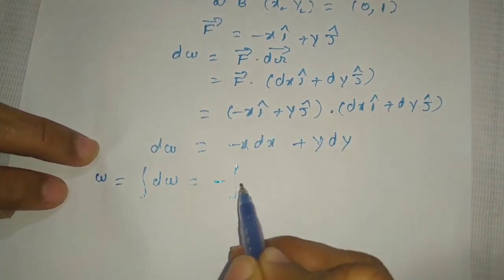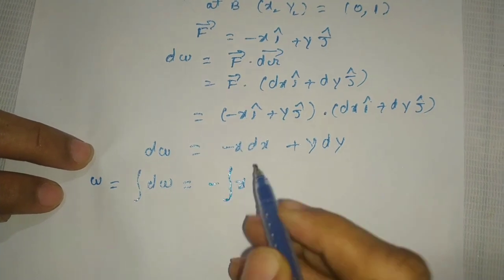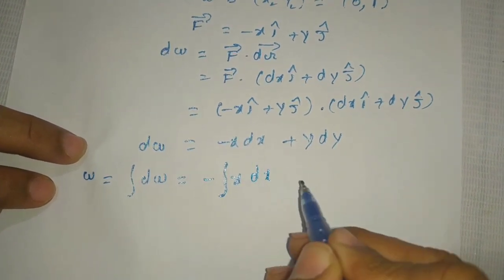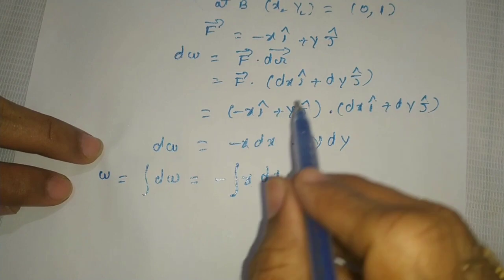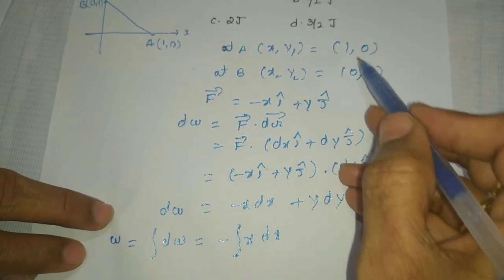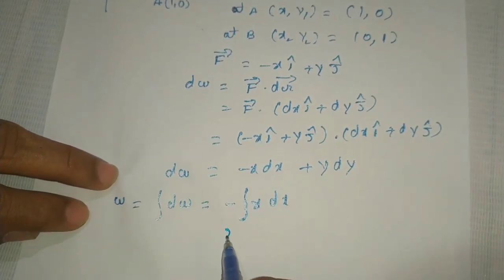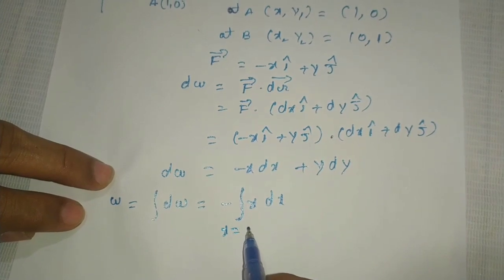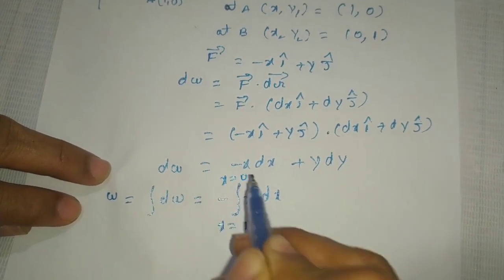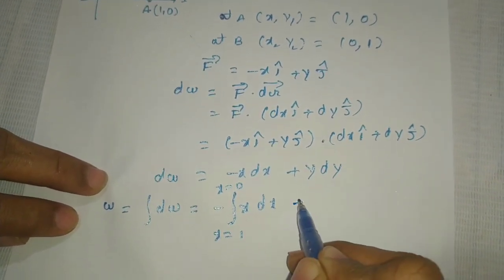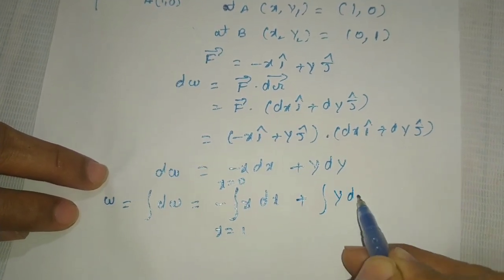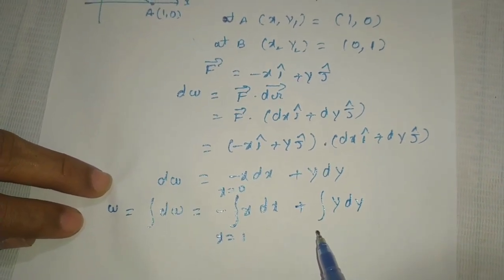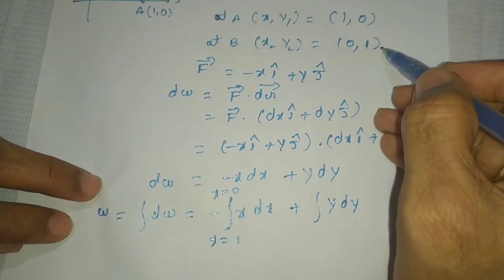The first term is minus integral x dx, where x changes from x1 to x2, which is 1 to 0, plus integral y dy, where y changes from 0 to 1. y1 is 0, y2 is 1.